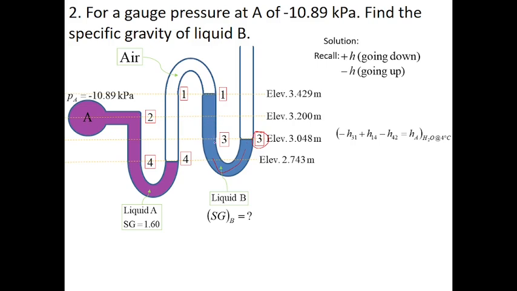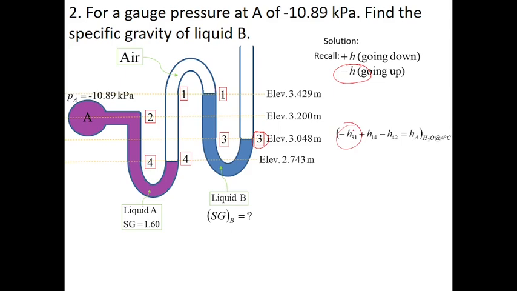Okay, going down, then going up. Then we start from here at the same level. So going up now from 3 to 1. If we go up, the sign will be minus. That's why we have minus H31.